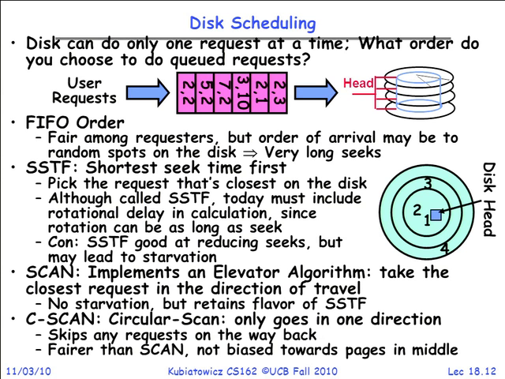So it only goes up, and then it magically teleports to the bottom floor and then goes up again. You could argue that this one is less biased and a little fairer than SCAN, but I don't actually know of anybody who implements it, because why waste your time going down when you could be picking requests out, right? Okay. Questions?